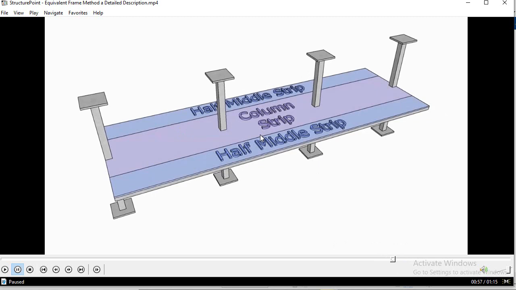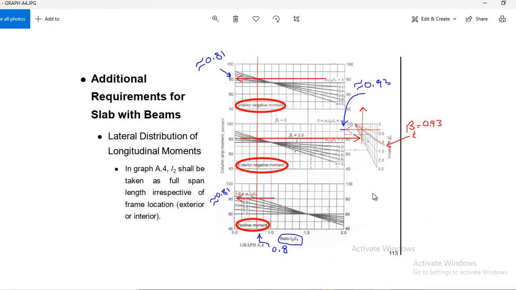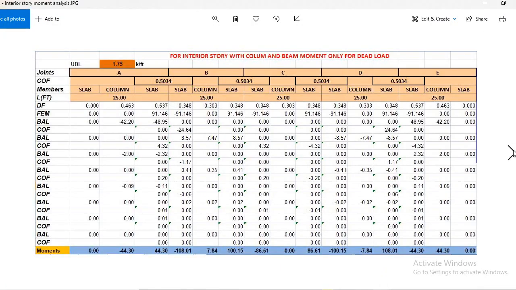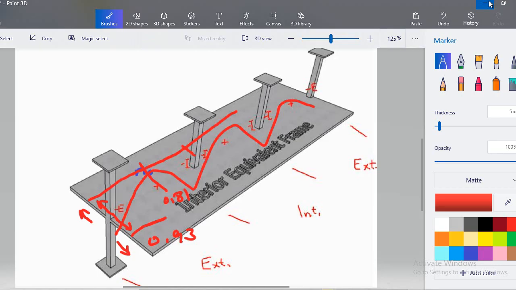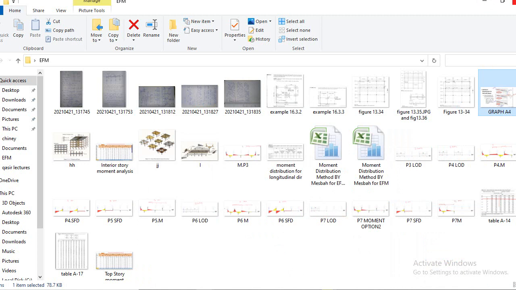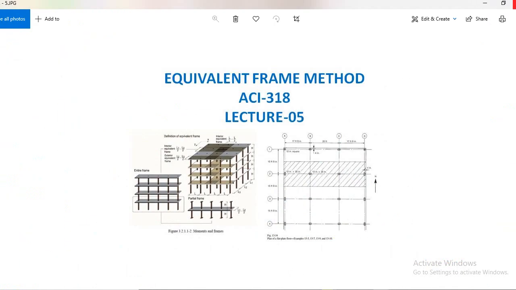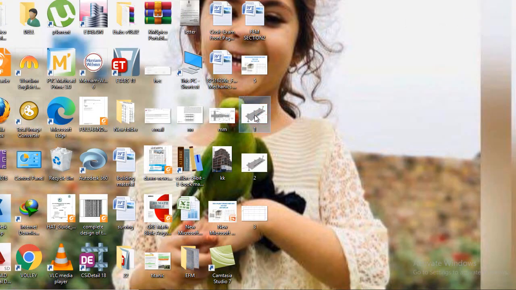As you already know, we have beams right here which are running in the north-south direction. Let me show you those beams.